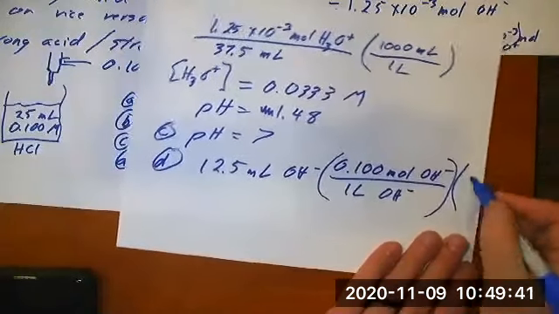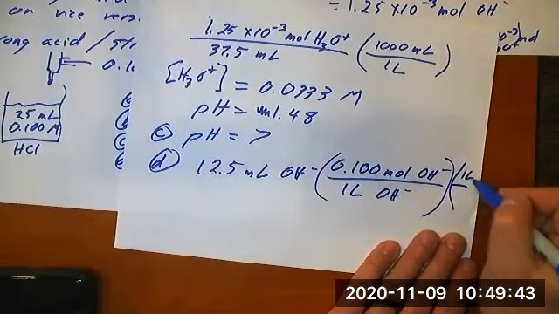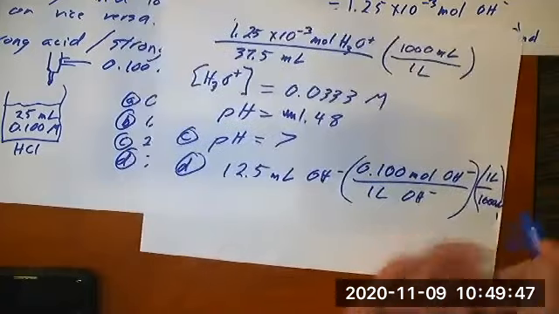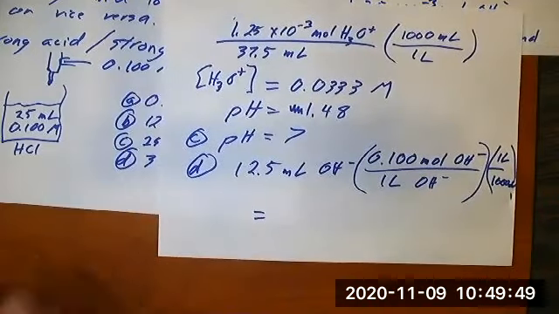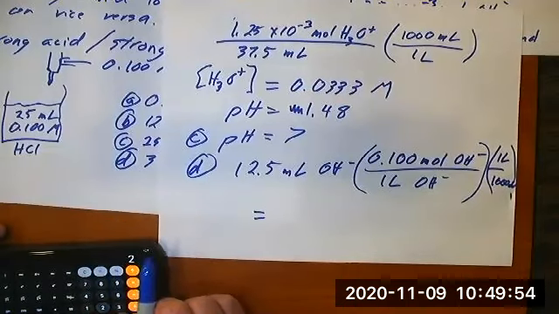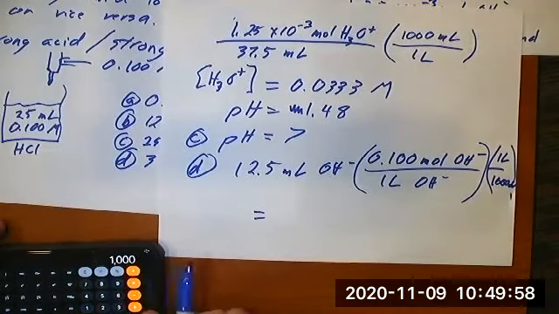And convert 1 liter, 1,000 mils. We find that we have added 12.5 times 0.1 divided by 1,000.